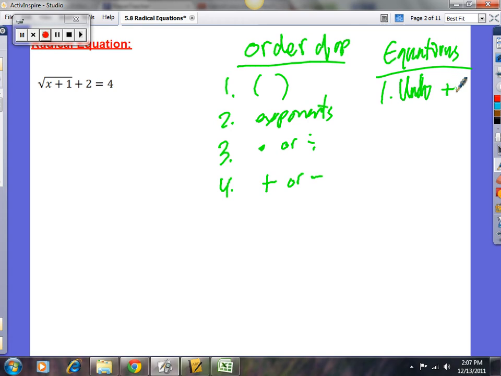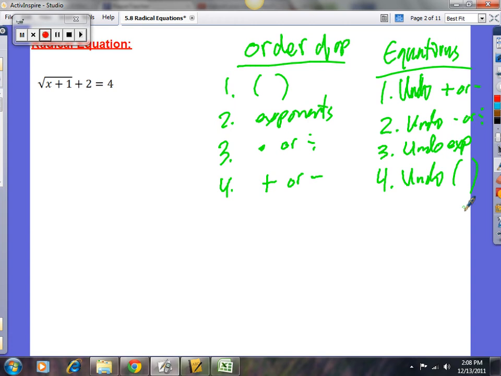You're going to undo add or subtract. What's number 2? You're going to undo times. Yeah, you go totally backwards. What's number 3? You're going to undo exponents, and the very last thing you're going to undo is the parentheses.